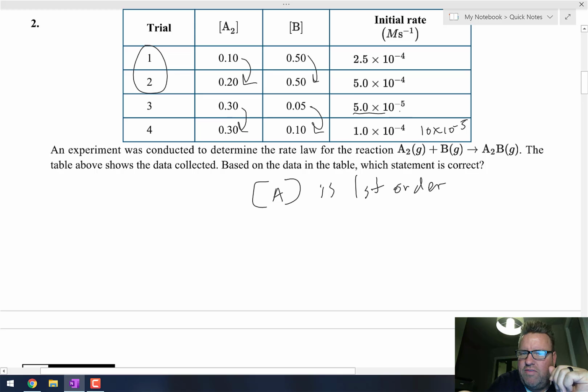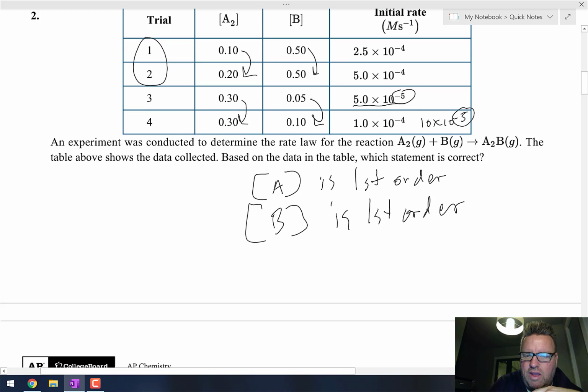So you're going from 5 times 10 to the minus 5th to 10 times 10 to the minus 5th. With those exponents, it can be a little bit tricky. So I always find it easier to try to get them both back where the exponents are the same. Okay, and then obviously you can see that the rate is also doubling, so therefore B is also first order.